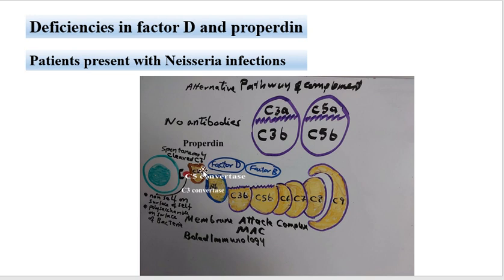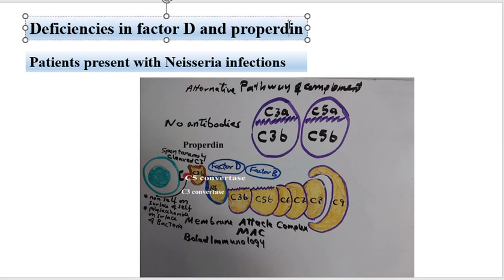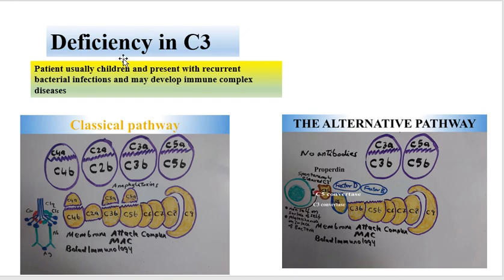Bb will bind to spontaneously cleaved C3b, and this will lead to formation of C3 convertase, which is necessary for the remainder of the pathway. Properdin is very important for the stabilization of C3b and Bb, as it is unstable. So deficiencies in these two factors will lead to recurrent Neisseria infections.